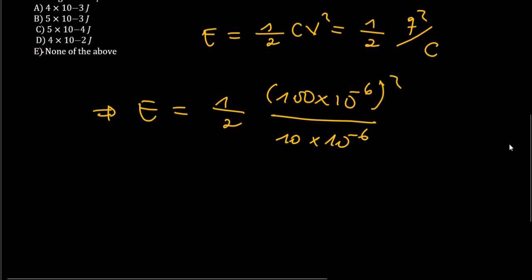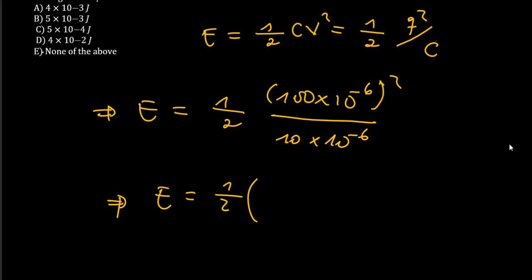So simplifying, we get E to be equal to a half. We have 100 squared, that's 10 raised to the power 4, 10,000, times 10 to the negative 6 all squared, that will be 10 to the negative 12, divided by 10 to the negative 5.